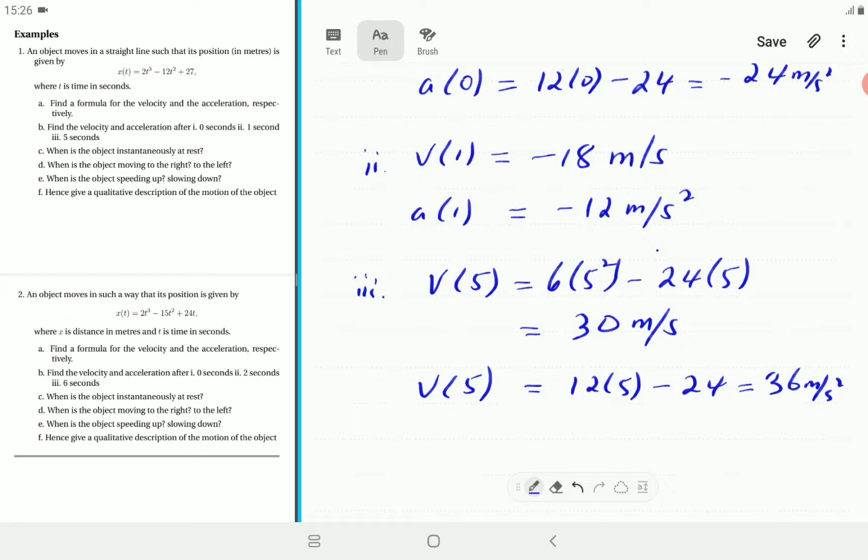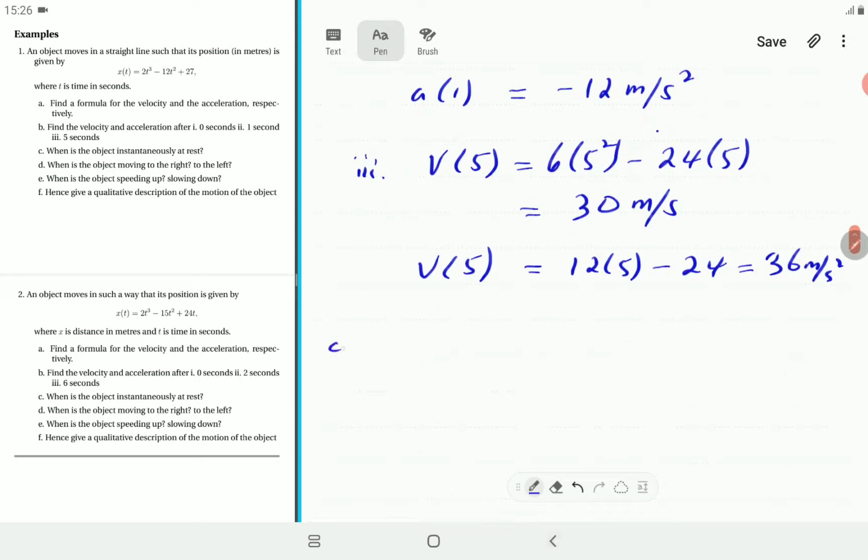We're now going to go to part C. In part C, it says, when is the object instantaneously at rest? Okay, so the object is going to be at rest whenever the velocity is 0.